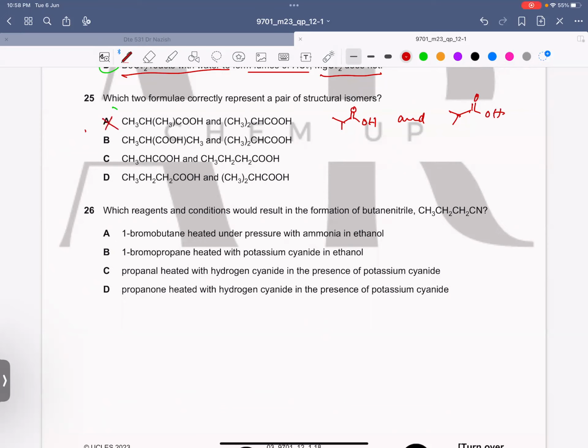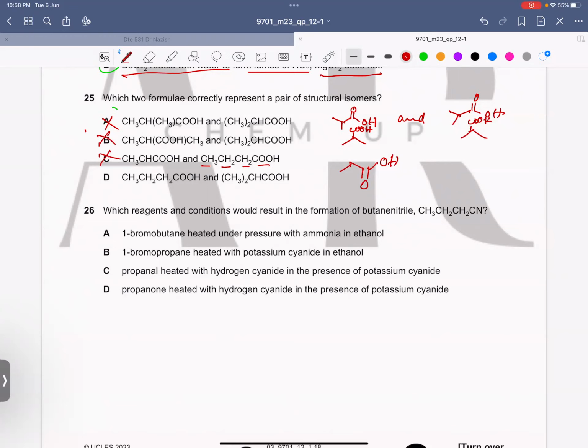Now if you look at B, there is a carboxylic acid over here, and the next one is also the same. So B goes wrong as well. Now C. There are 3 carbons with a carboxylic acid, and here 1, 2, 3, 4, I have 4 carbons. So C goes wrong.